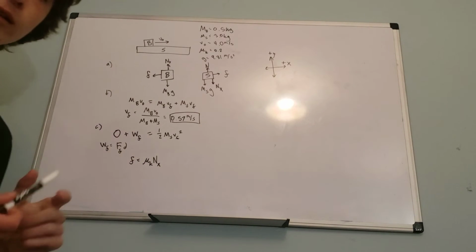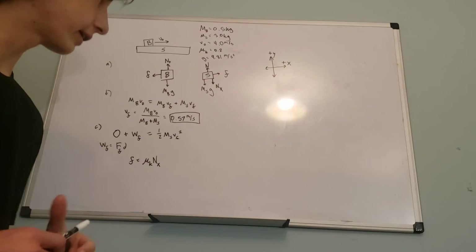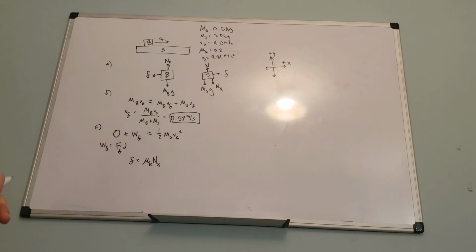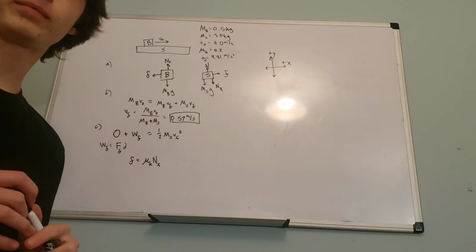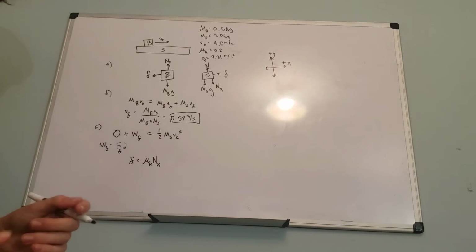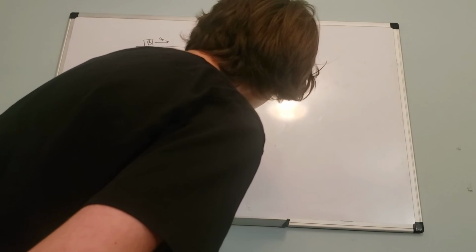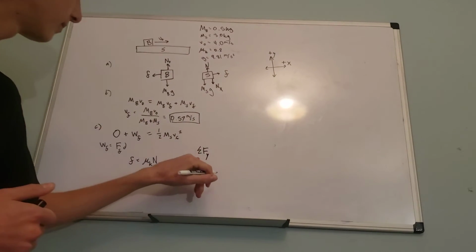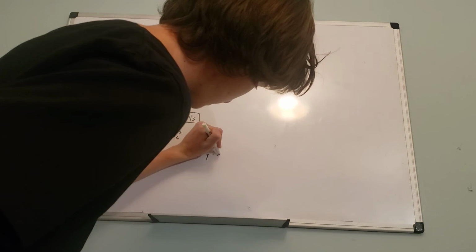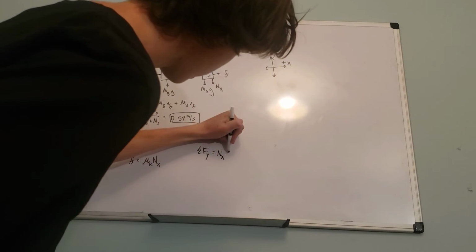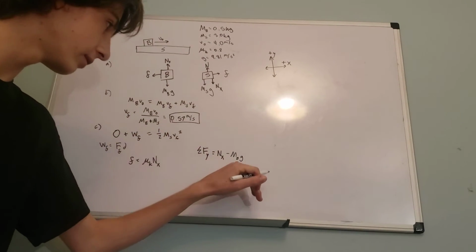Okay, great. In order to find out what Nx is, let's do a little bit of work with these free body diagrams. I'm going to look at the block, and I'm going to do a force equals mass times acceleration equation to solve for n. So, forces in the y direction. We have one positive force, which is Nx, and one negative force, which is just the force due to gravity.